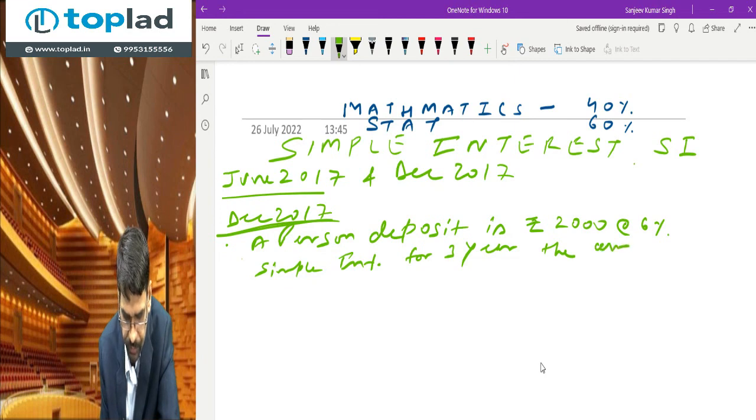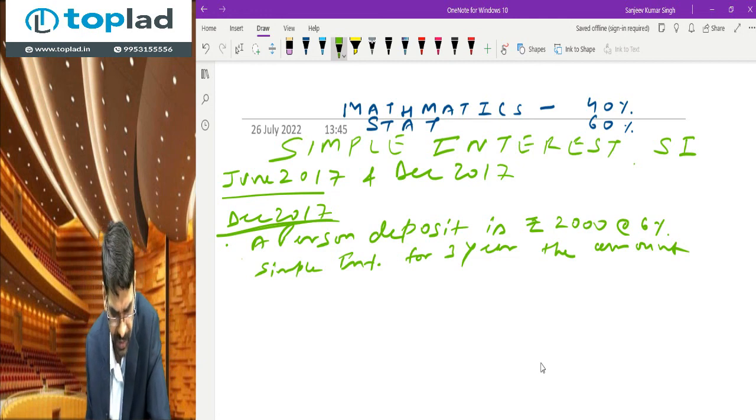the amount, this is the language of the mathematics paper.